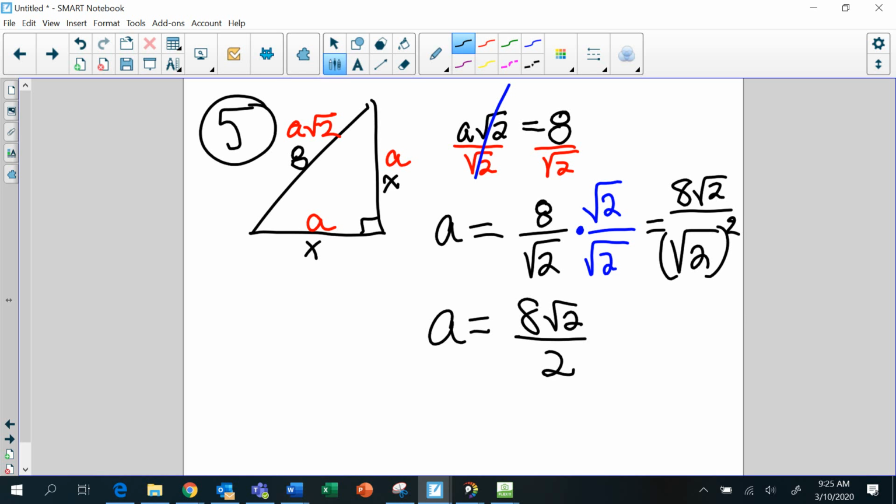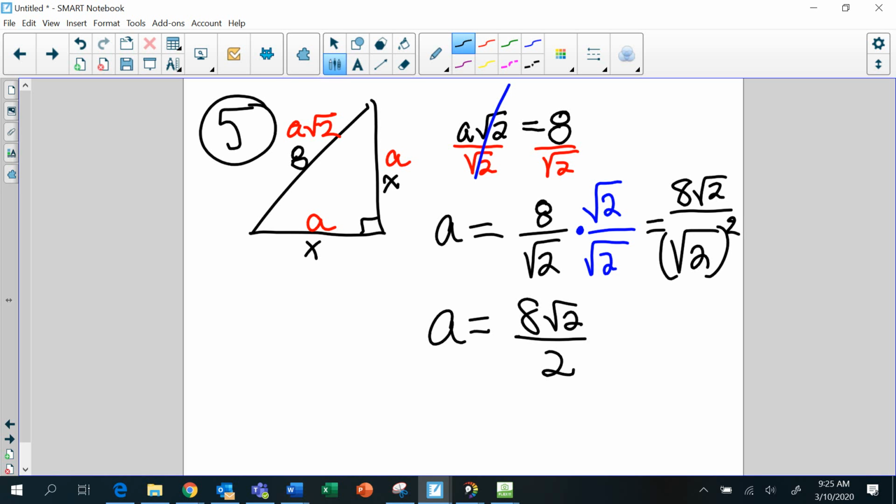We don't have a square root in the bottom anymore. But there is one more step for this one. You are allowed to reduce fractions, and you can only reduce things that are in the same location. So either they're both not under the radical or they're both under a radical.